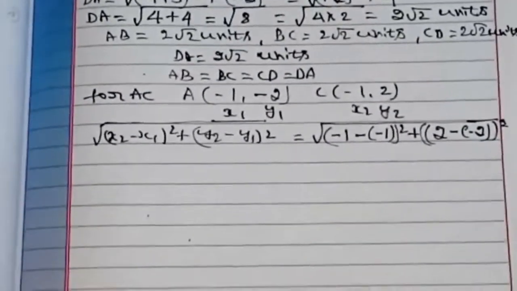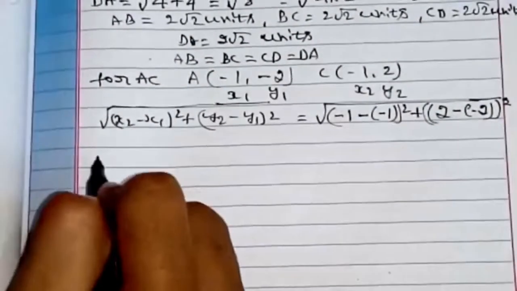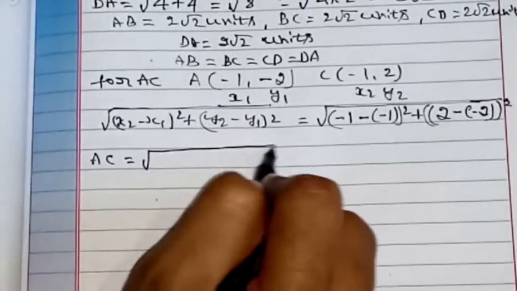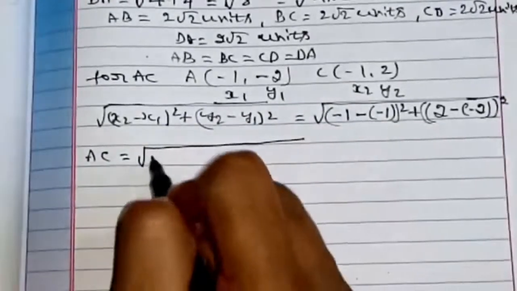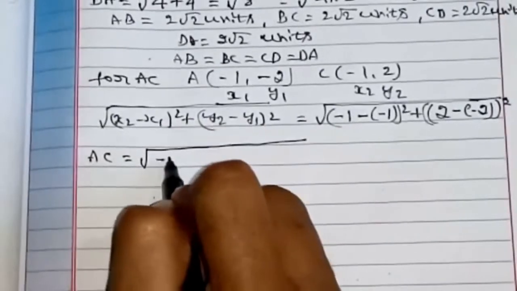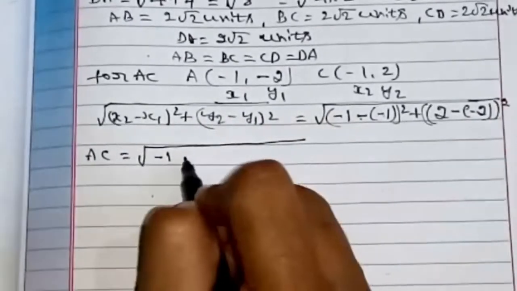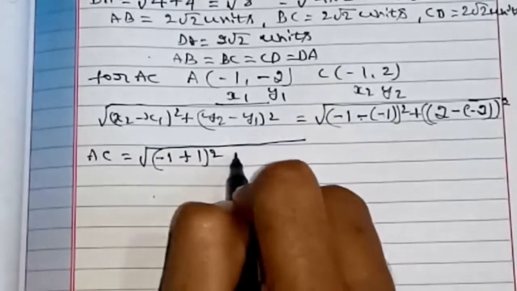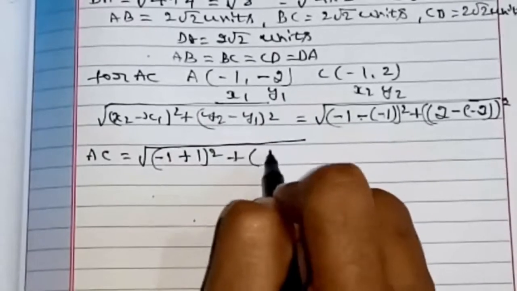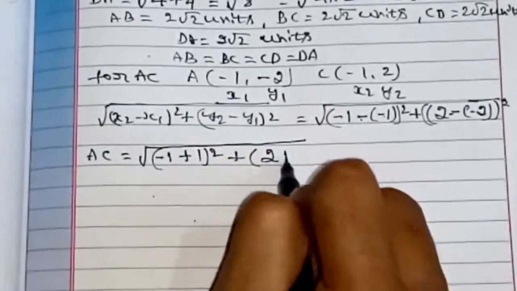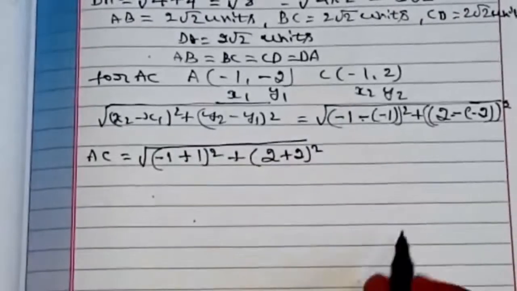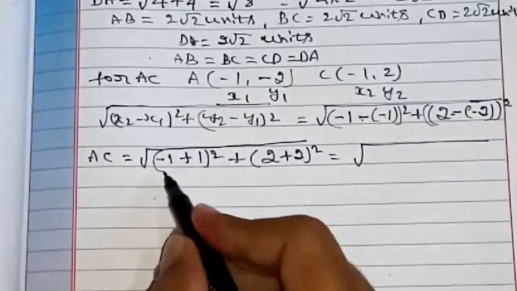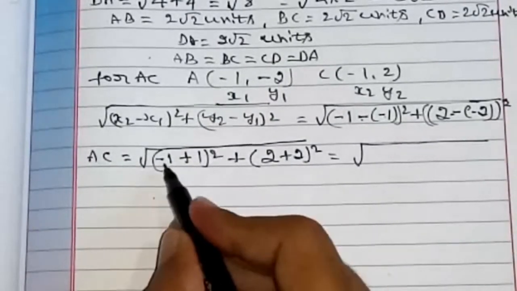Now simplify this. You are finding the distance between A to C. So AC is equal to square root of, now open the bracket. Keep the -1 as it is, minus into minus is +1 whole square, plus, keep the 2 as it is, minus into minus is +2 whole square, right? So that's equal to square root of, -1 plus 1 gets cancelled, minus into plus is minus, 1 minus 1 is 0.